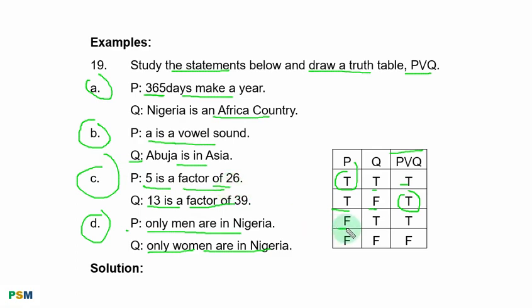So you have F. Q part of it, 13 is a factor of 39. That is true. Because Q is true, the outcome is true. D part of it, you have P, only men are in Nigeria. That is false. Q, only women are in Nigeria. That is also false. Because both statements are false, the outcome is false.